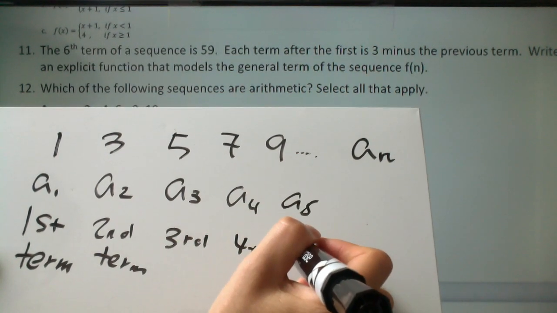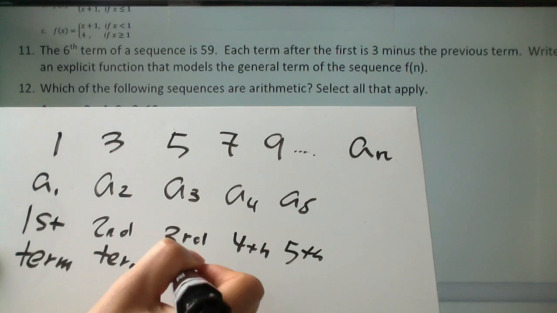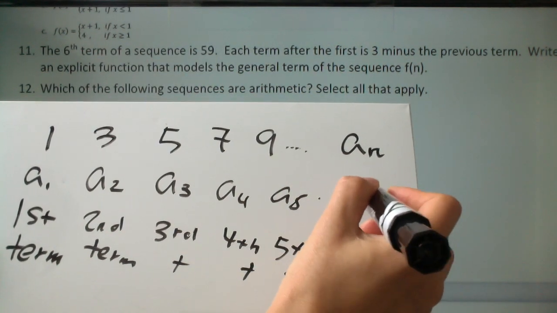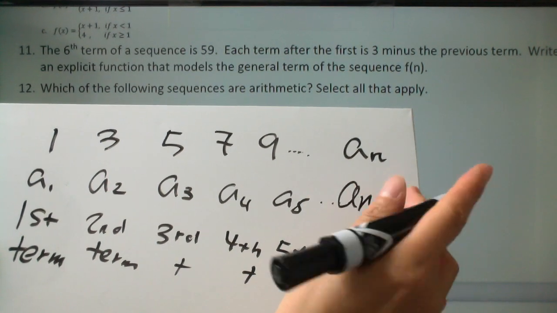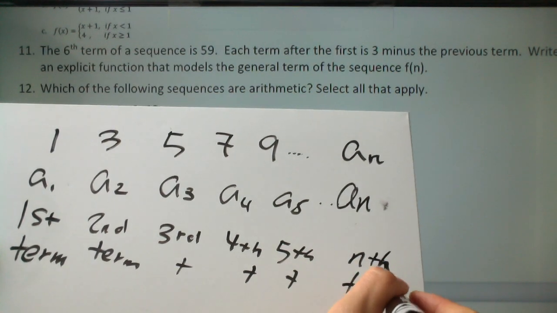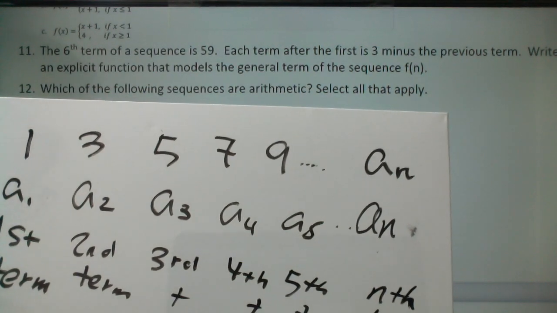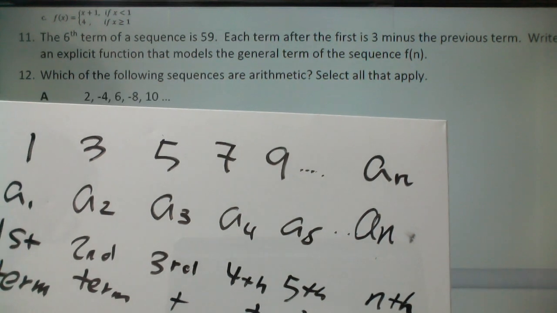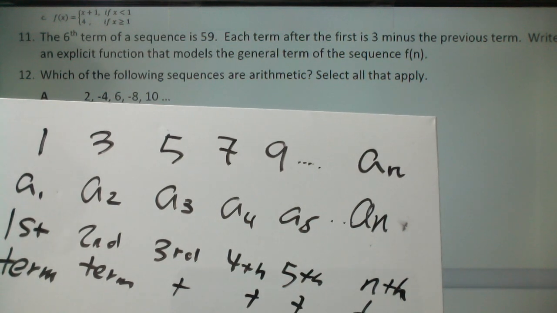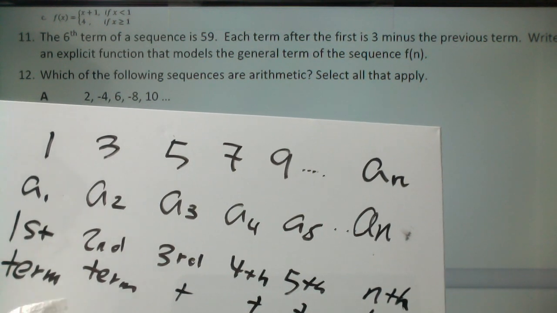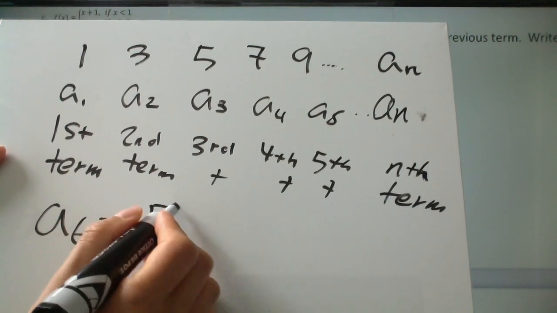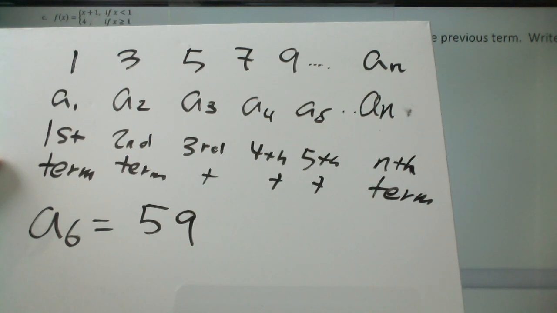A5, and then all the way to the last one, which is the nth term, A-n. That's what we are looking for. So the question said the sixth term is 59. It means A6 is 59. You got that?